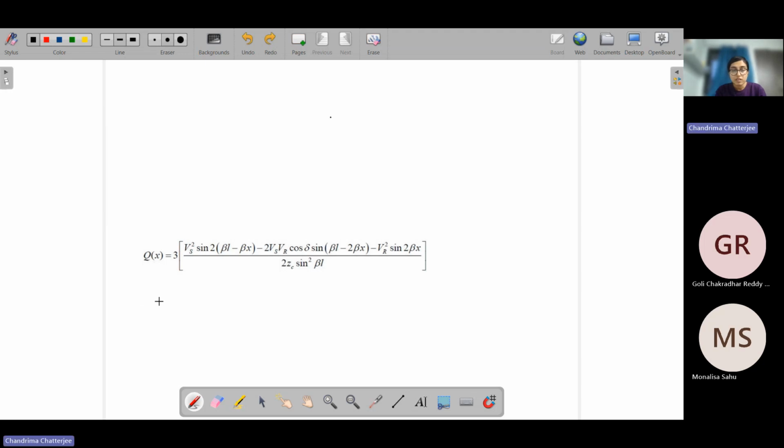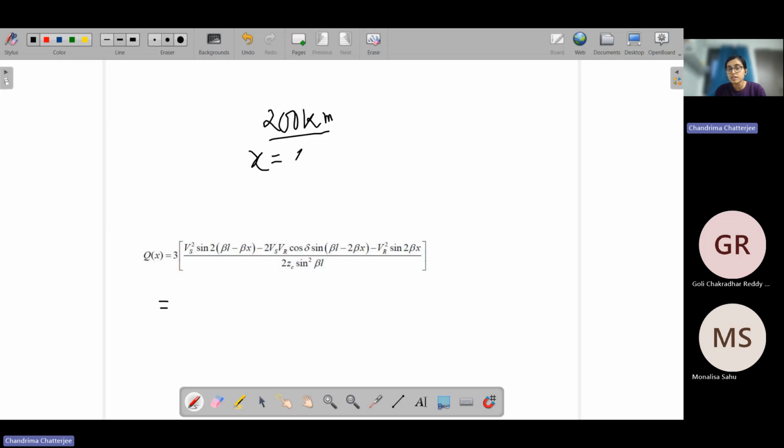So now can you calculate this and tell me? The only thing you need to take care is the x value. They have given 200 kilometer from the receiving end. But if you take 200 kilometer and put it instead of x, you will not get the correct answer, because this expression has been derived starting from the sending end.